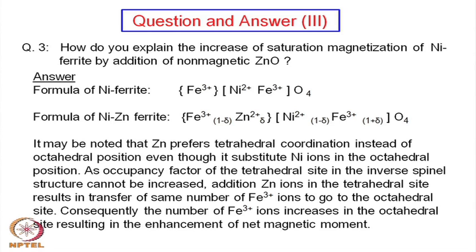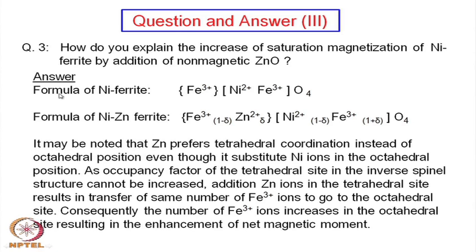Zinc as such is a non-magnetic material, there is no magnetic moment here, but even then instead of a dilution effect one gets an enhancement in the magnetization, and that is quite interesting and it should be known to everybody that it may be noted.